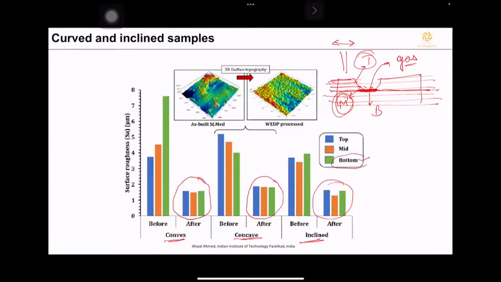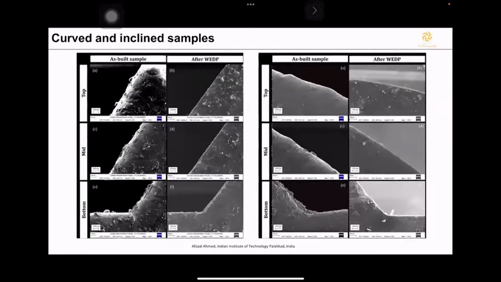In case of all the bottom sides, you can see the roughness is higher in case of printing, and that is evident from the SEM images also. So if you see here, this is basically a convex part, where you can see a lot of spatter particles sticking to the bottom surface. Okay, so this is the surface like this.